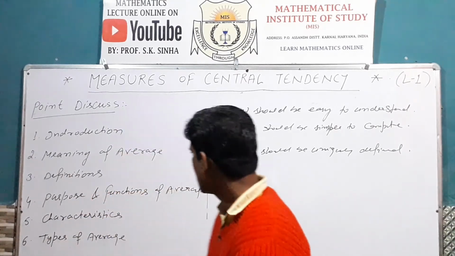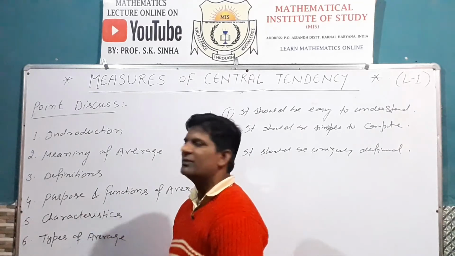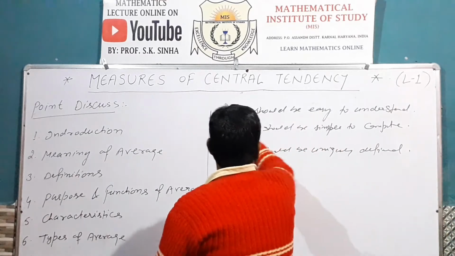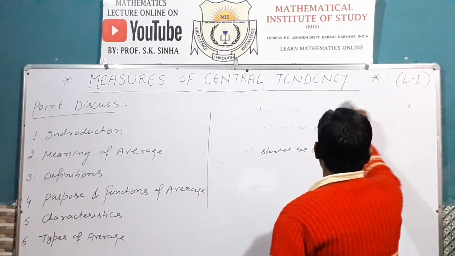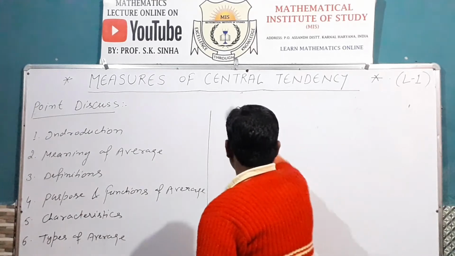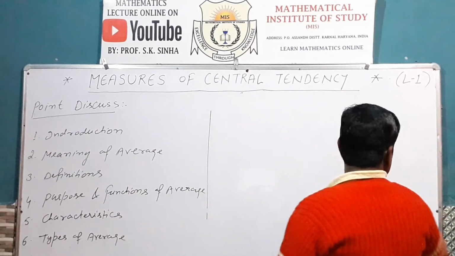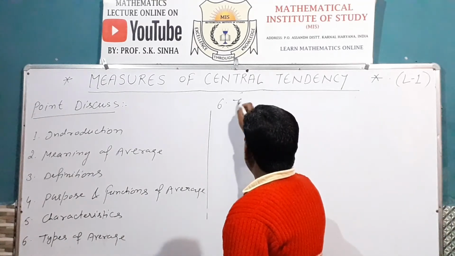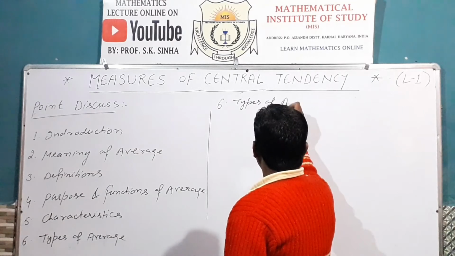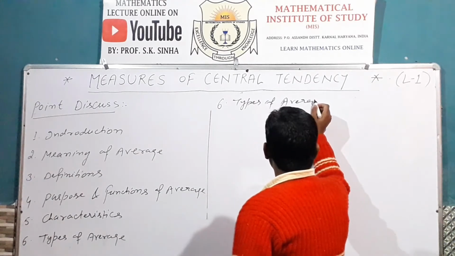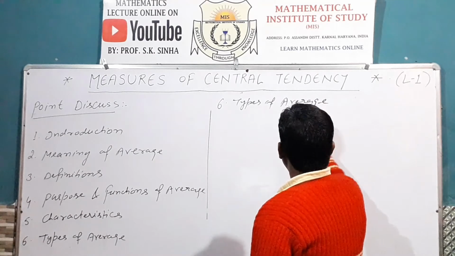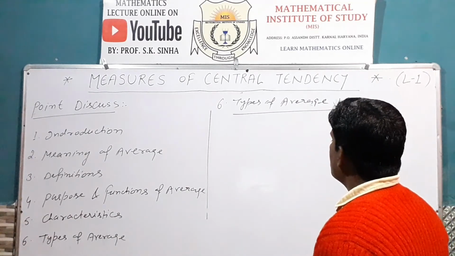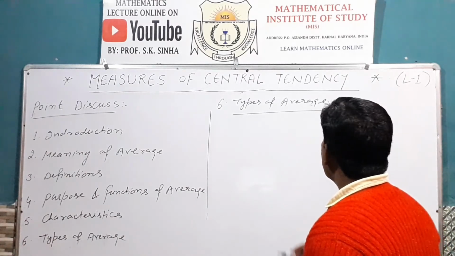Now, next point, I will discuss types of average. Write down please. Point number 6, types of average. There are different kinds of averages.